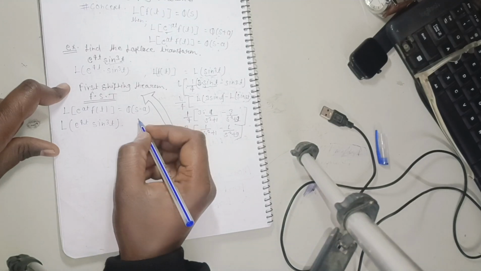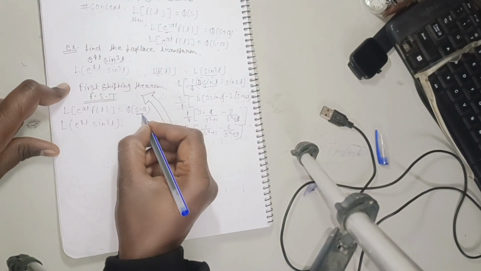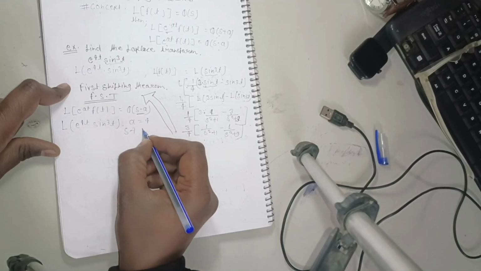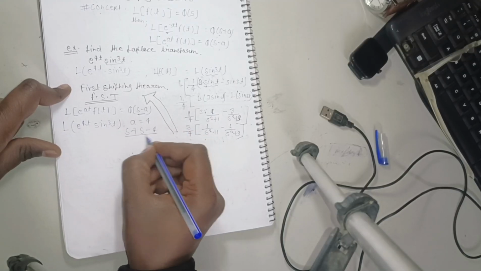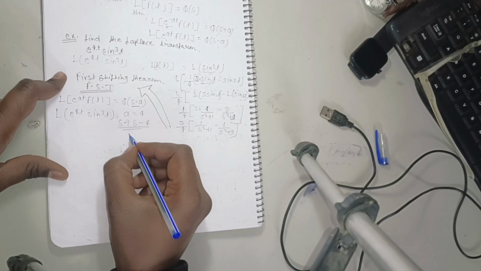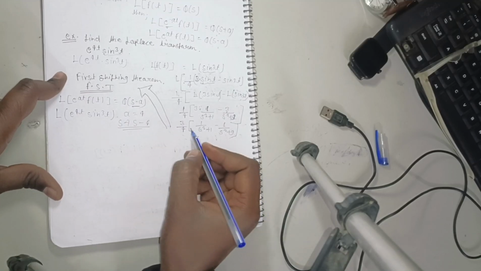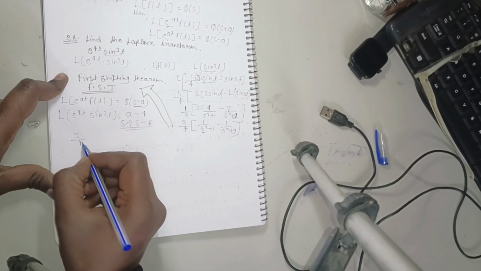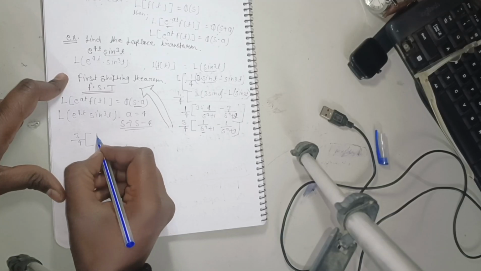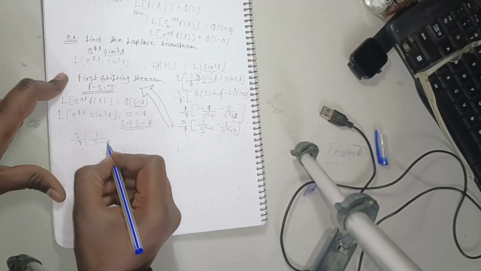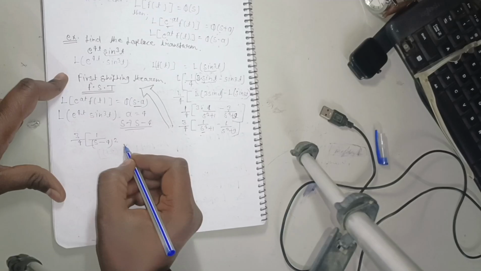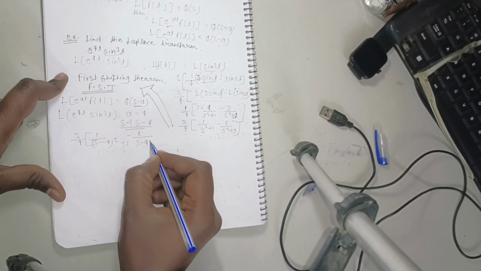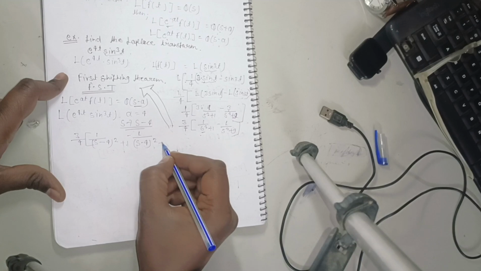So here a is 4, which means s will be replaced by s minus 4. So I simply put s minus 4: 3 upon 4 into 1 upon (s minus 4) square plus 1 minus 1 upon (s minus 4) square plus 9.